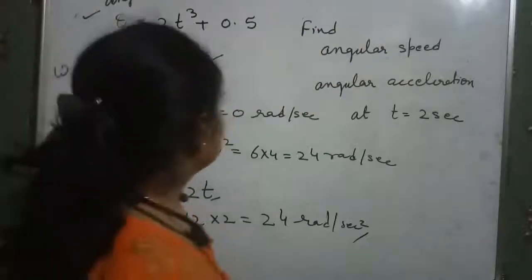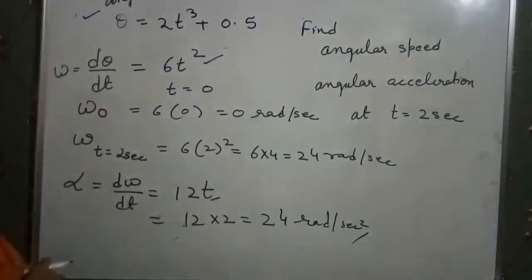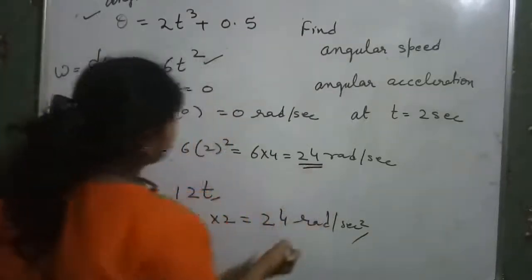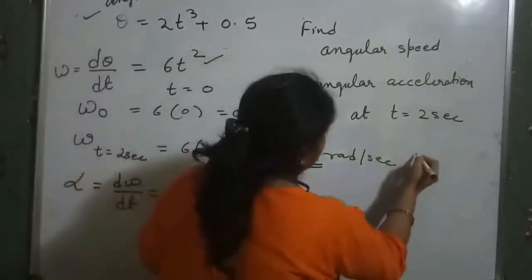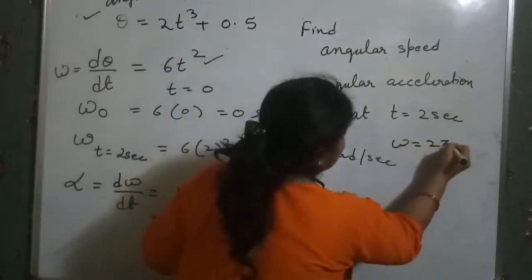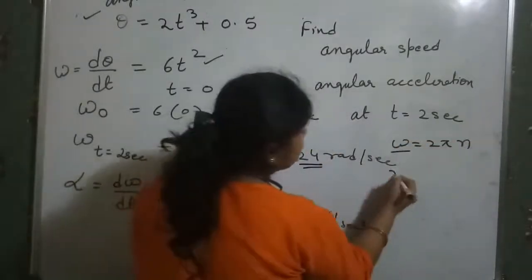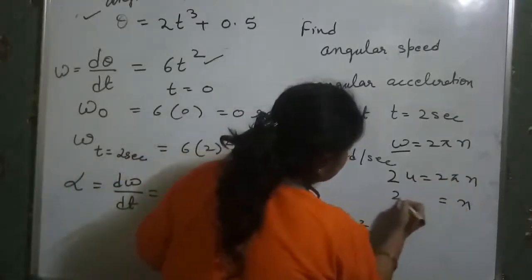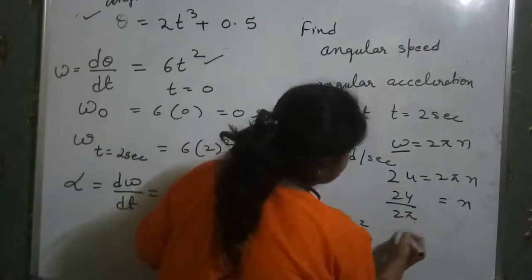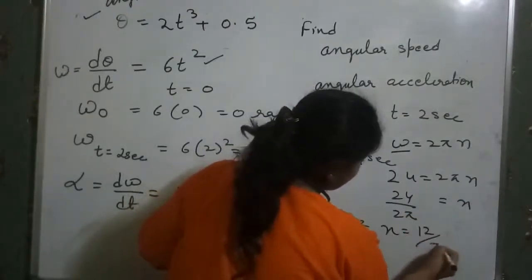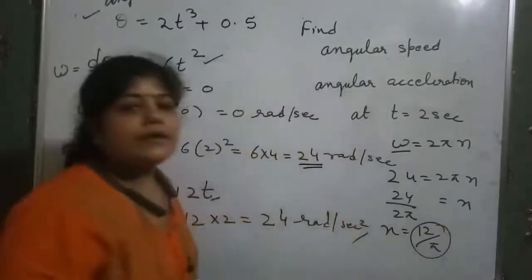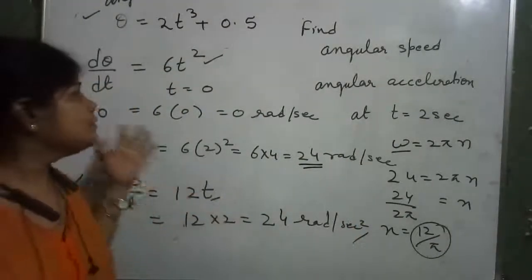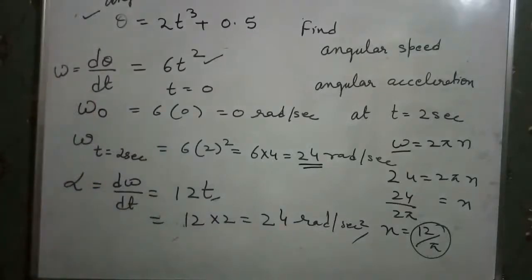For example, if we have to find revolutions per minute at time 2 seconds, omega is equal to 2 pi n. So omega is 24, which is equal to 2 pi n. So the value of n is 24 over 2 pi, so revolution is equal to 12 over pi. In this way, we can find different terms using these equations of motion.